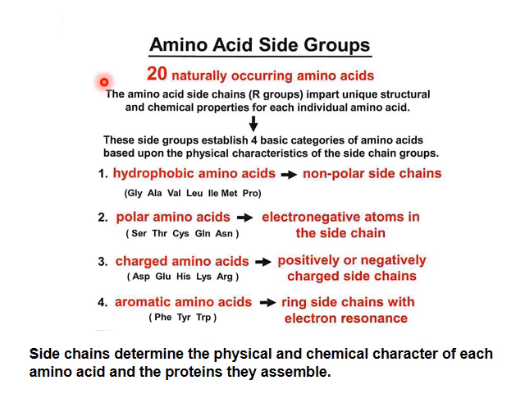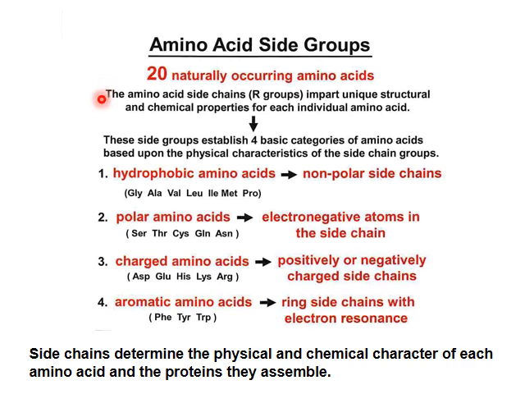And then we also look at whether there's a charge on it based on whether it's an acid or a base, and the pKa of those groups and the pH of the solution. So you can have a fixed or a formal positive charge or a negative charge on the molecule. And also if the molecule is aromatic, where it has some kind of a resonance ring system as well.